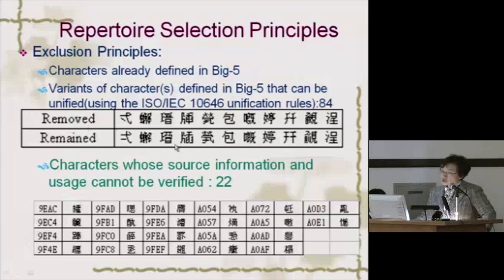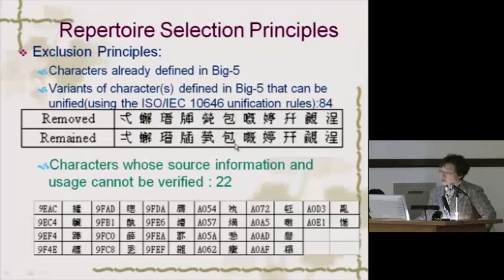So if you look at the pictures over here, this is the bag, and in this particular case, this one does not go all the way up, and under ISO, this is considered unifiable characters. So we don't want to separately code them, and that's why this character is in the standard, but this one is not.